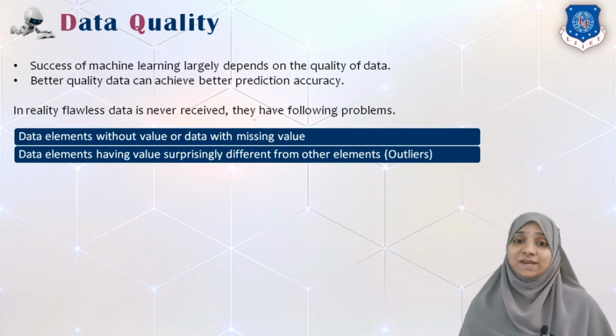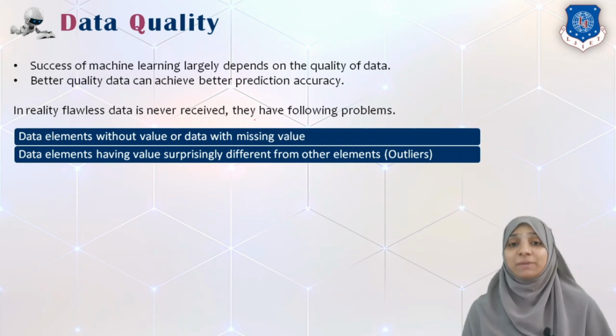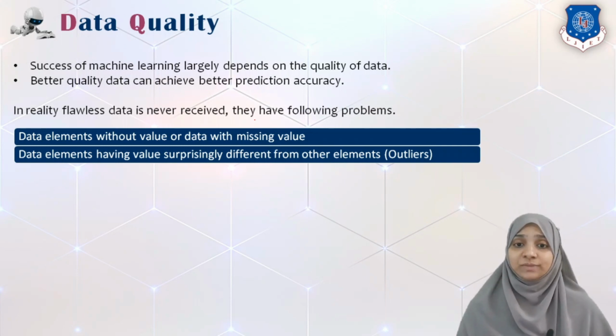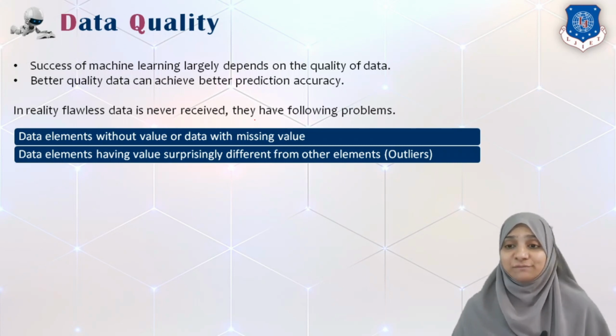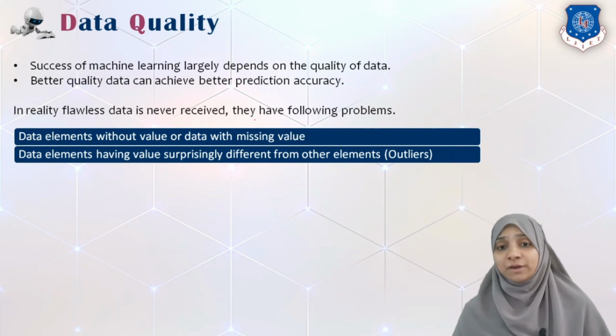The success of machine learning is hugely dependent on the quality of data. Now, when I say data is of better quality, what do we mean by that? Better quality of data will help us to achieve better prediction or better classification. That means data which is flawless is not possible in real life. It might have some flaws. Now, what are those flaws which degrade the quality of data?